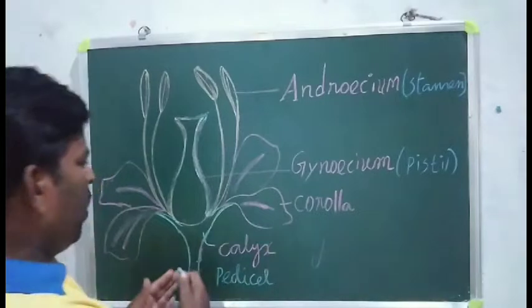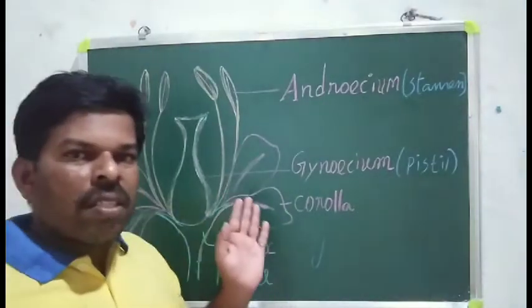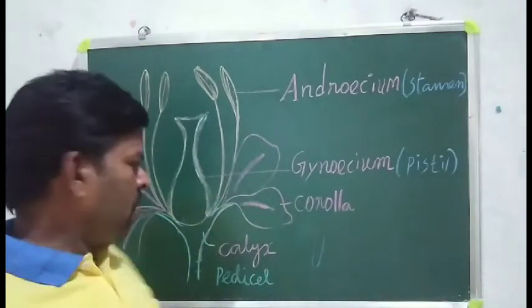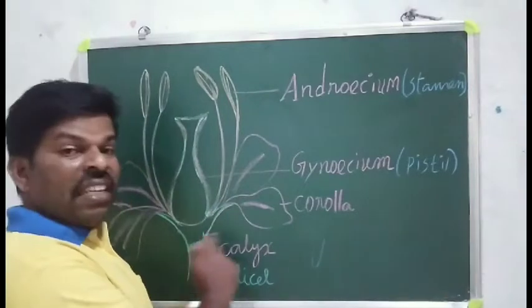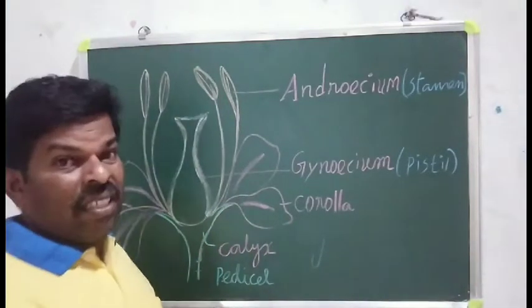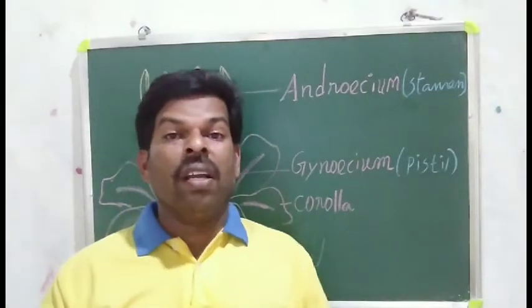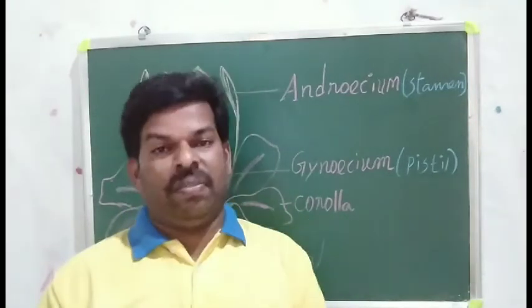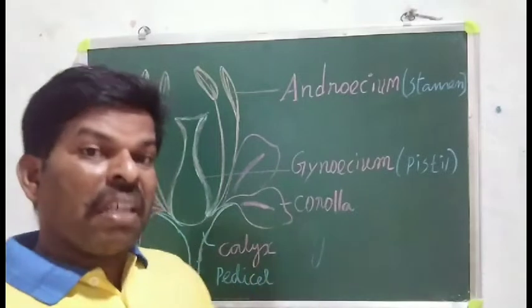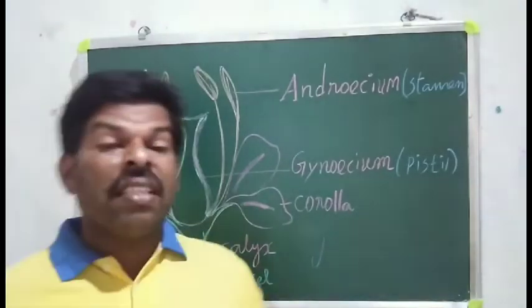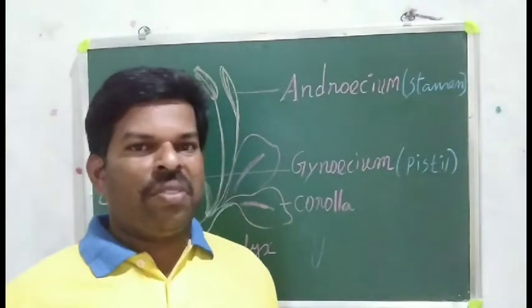The next four parts are present in the flower. Just understand, this greenish part is called the calyx. When you look at flowers, they appear greenish in color. That greenish part is the calyx in flowers, not leaves. Understand?